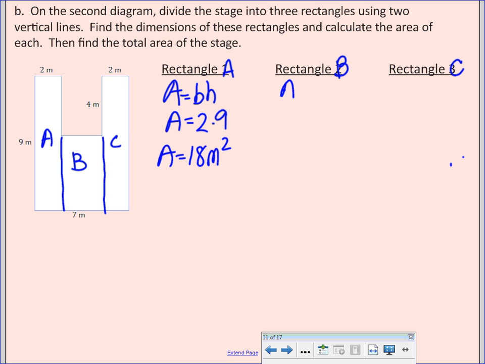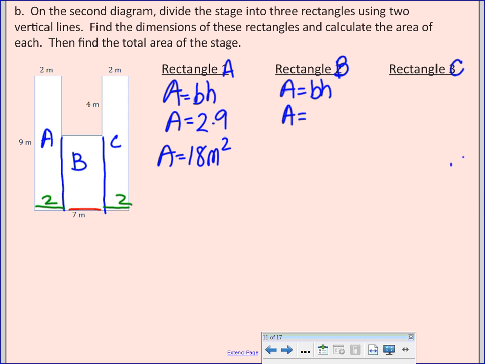What about shape B? What is the base? Well, let's see. That's 2, that's 2, and the total is 7. So what's this part going to be?